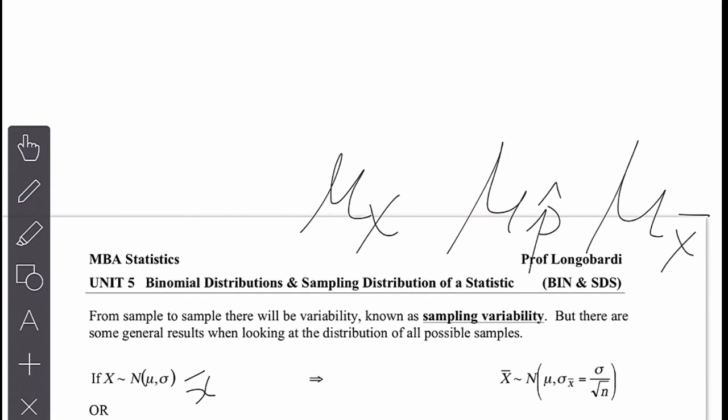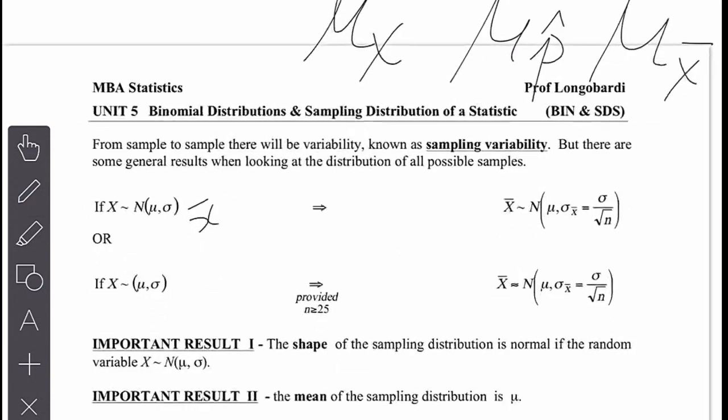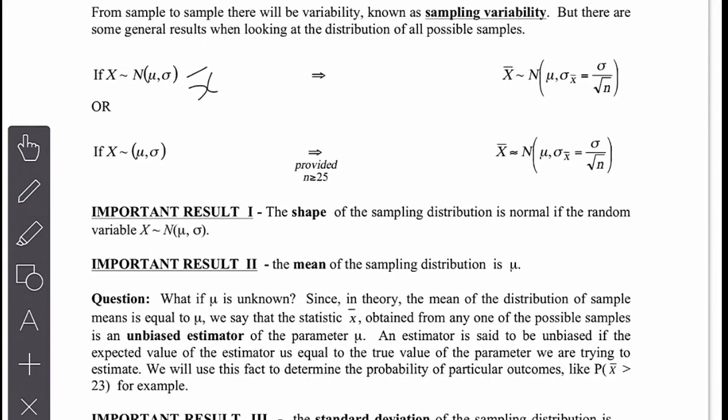This is the second result. In the second result, I take away the shape. I say I only have a mean and standard deviation of some population, and I don't know the shape of that distribution.